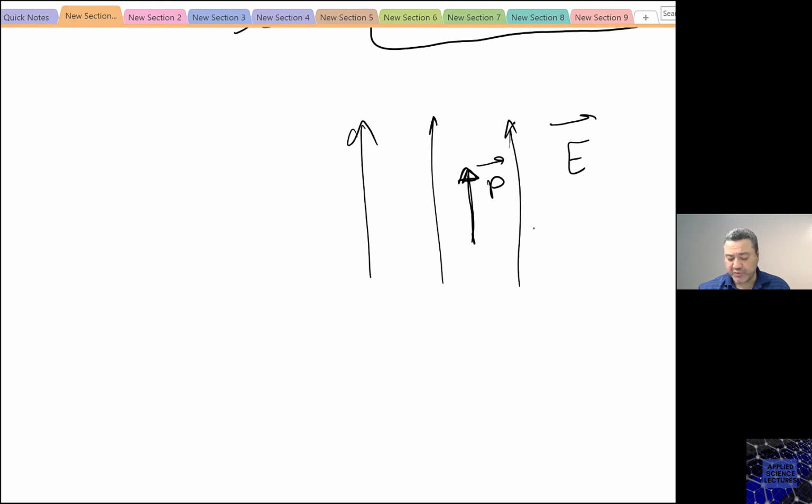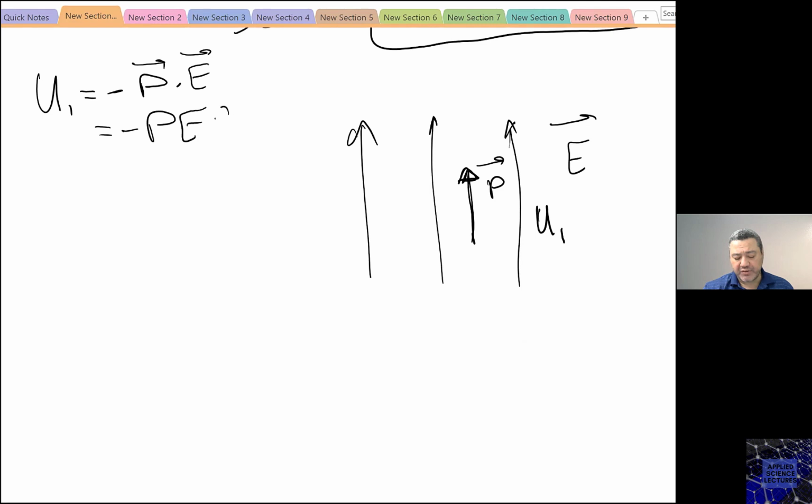So if I call this one U1, then U1 would be minus P dot E, and since they are parallel, the cosine of 0 is 1, and this is my electric potential energy.